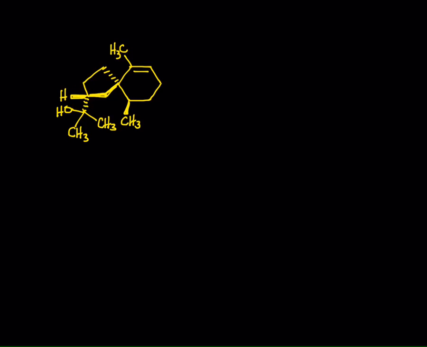This particular structure right here, notice I have a cyclohexene ring, and bound to that is a cyclopropane ring that's sharing a bridgehead. It's called a bridgehead. Any carbon that's shared is called a bridgehead. And there's stereochemical features that are built into the basic backbone of the Spiro compound.